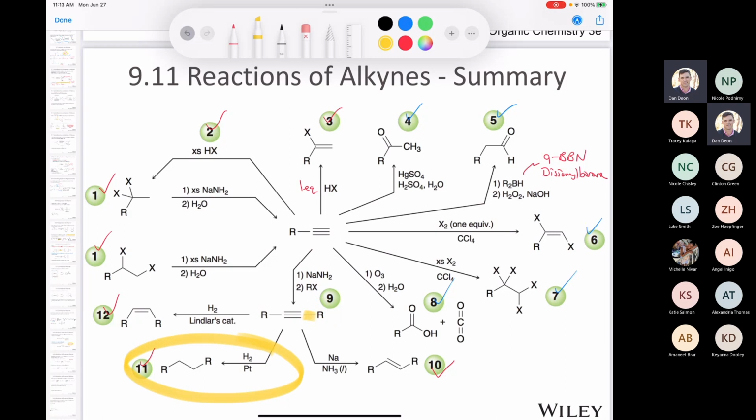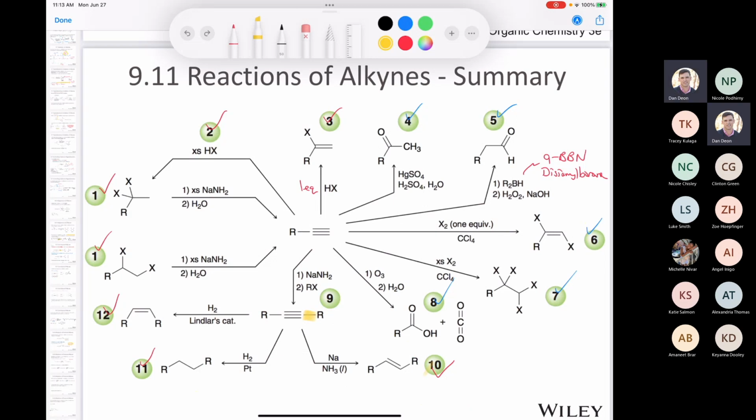Hydrogenation, complete hydrogenation makes an alkane. Then we looked at hydrogenation with a poisoned catalyst like Lindlar's catalyst, or the P2 catalyst, gives you a cis alkene. And then the last thing is sodium metal reduction, which gives you a trans alkene. Why? Because it proceeds through a radical anion intermediate.